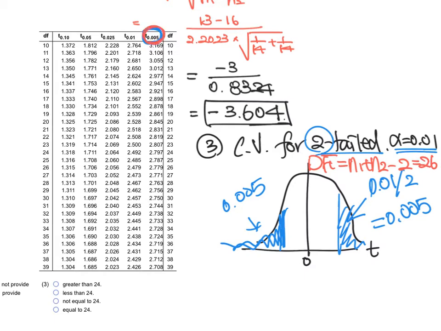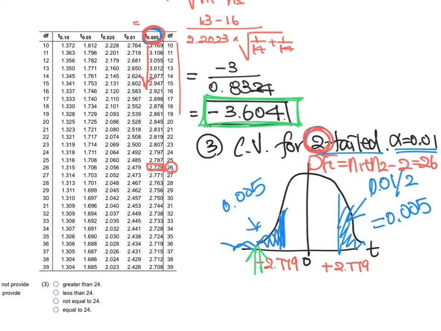So in the last column, with the degree of freedom 26, the critical value will be 2.779. So here is a positive 2.779, and on the left there's a negative 2.779 because we had two-tailed. But the test statistic was negative 3.6.